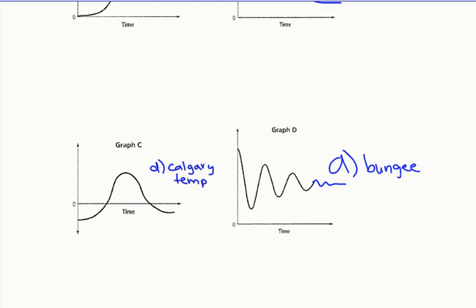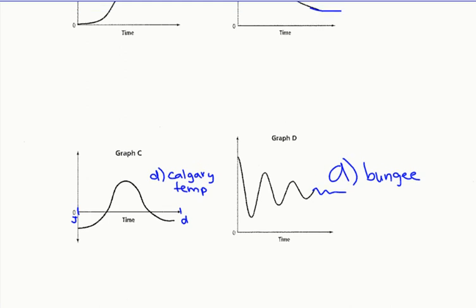Here's our December to January. Well, actually, it's the other way around, January, December. It could be a day, depending on what our scale is, but it could also be a year. We don't know which one.